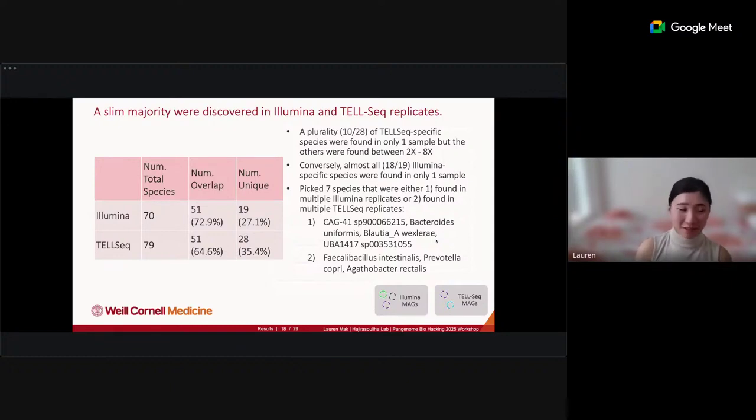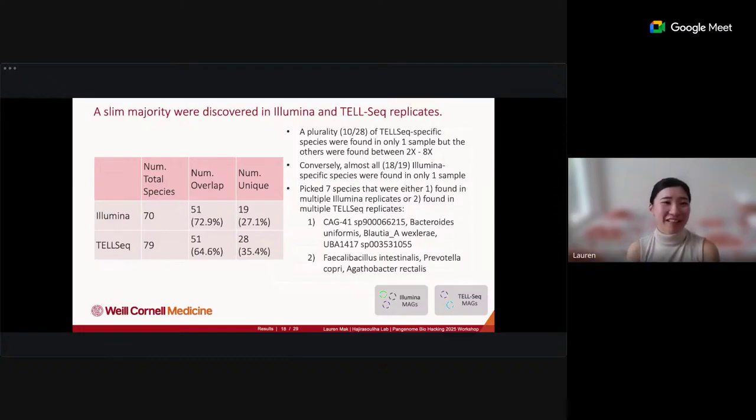Over 4 replicates with TELL-Seq, I have discovered 79. So luckily, a majority of them overlap. 51 species overlap, which is great. But that's only a slim majority, because that means that 47 species are still completely unique to each data set, which is not ideal.